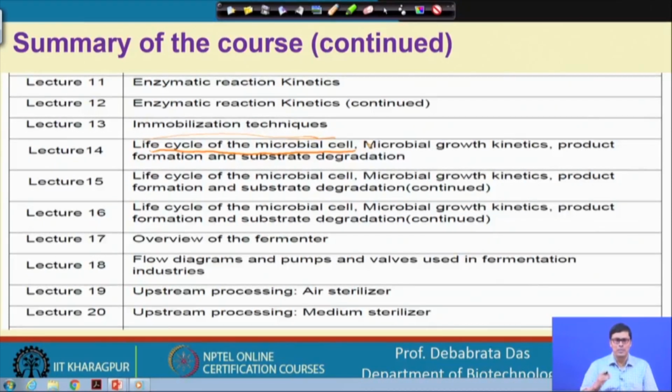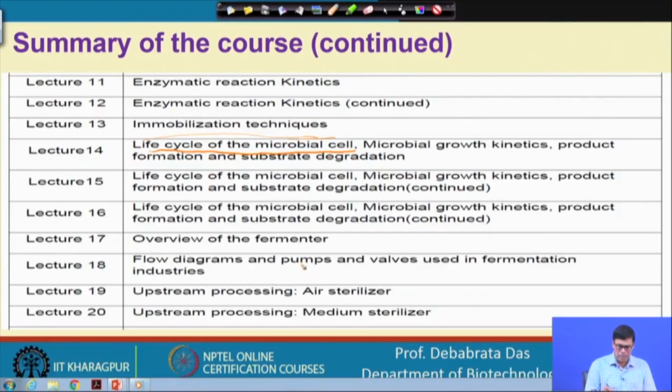So, every phase has its own significance. Inoculum, I mentioned, is usually prepared between mid log phase and late log phase, and mostly the secondary metabolite formation takes place during the starvation phase, that is the stationary phase. Then I discussed all this in microbial growth kinetics in 3 different lectures.